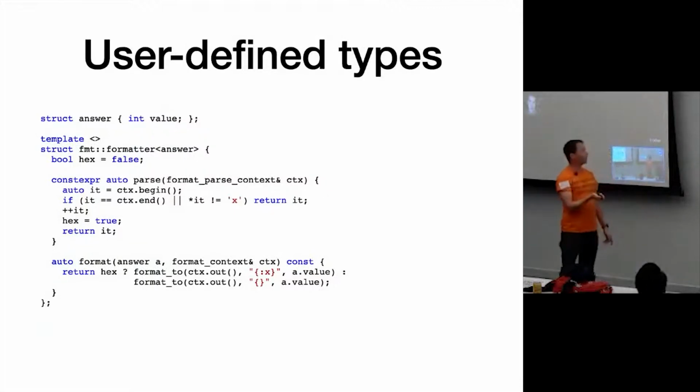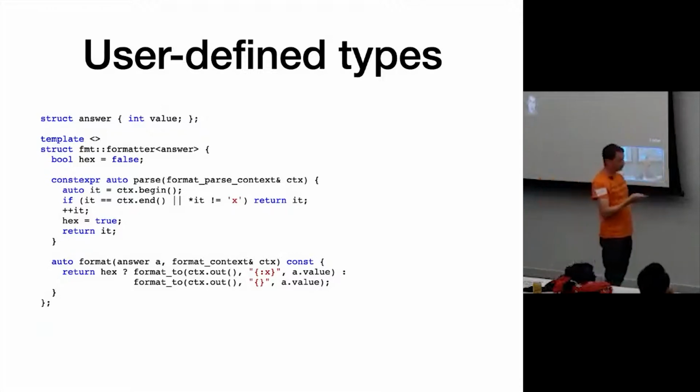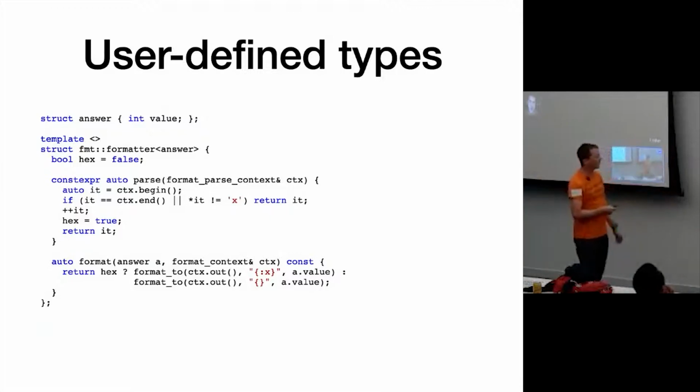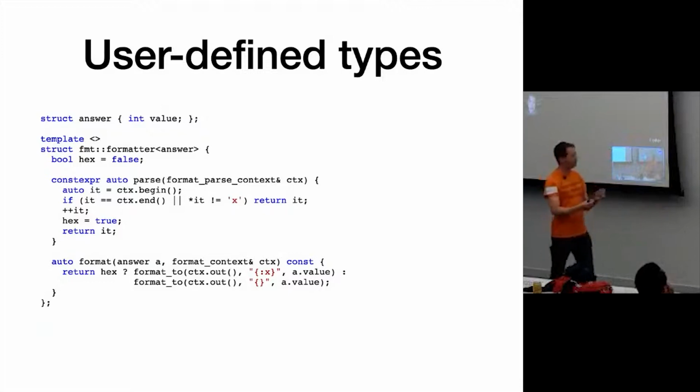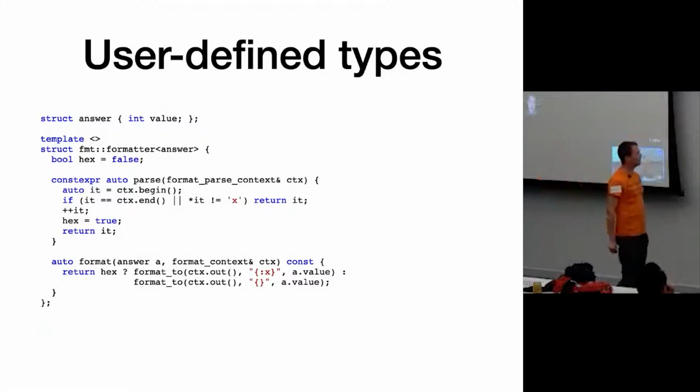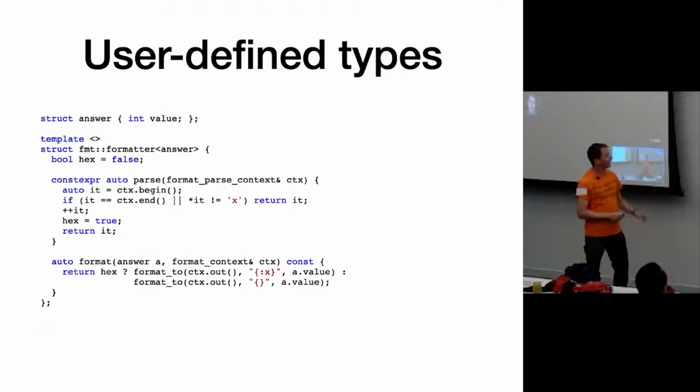It also works for user-defined types. I showed you earlier that we create a formatter and call parse there, which takes a format parse context that gives you the current position in the format string. All you need to do is make this parse function constexpr and implement your parsing.